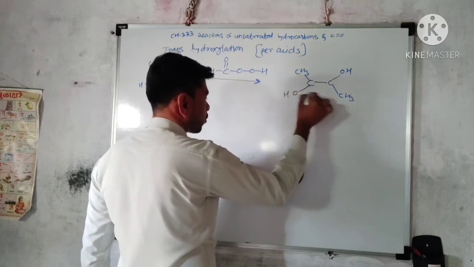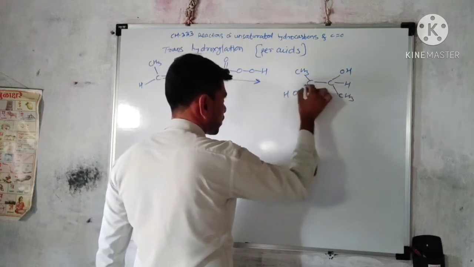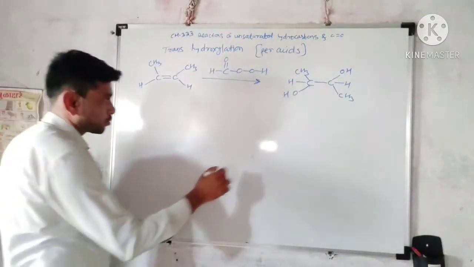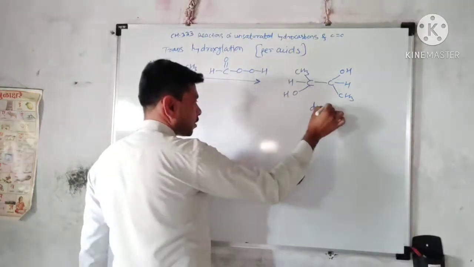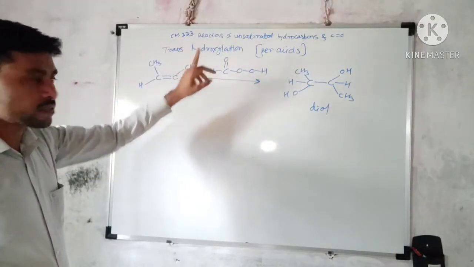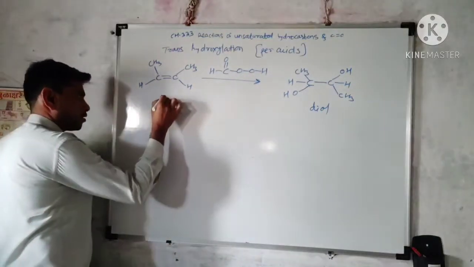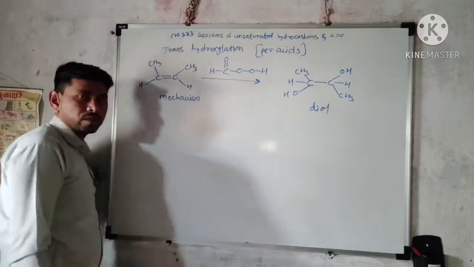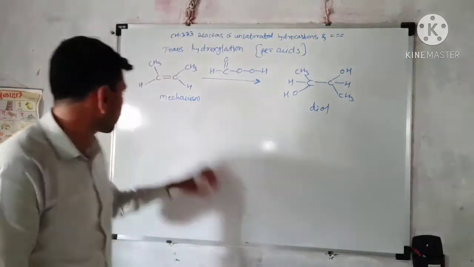This is trans diol obtained from cis reactant. So trans diol obtained. So this is diol formation, but this trans diol formation takes place, and this process is a trans hydroxylation. Let's see the mechanism for more detailed understanding of the concept.